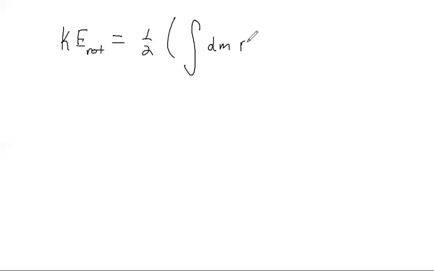So we end up with the formula for the rotational kinetic energy about a fixed axis as 1/2 the sum times this quantity. The sum becomes an integral, dm of r perpendicular squared, times omega squared.